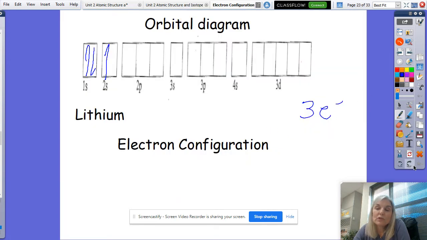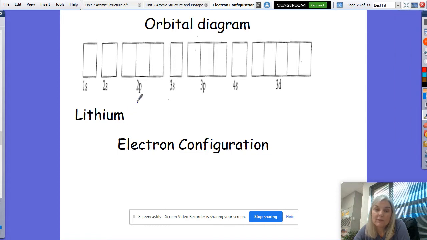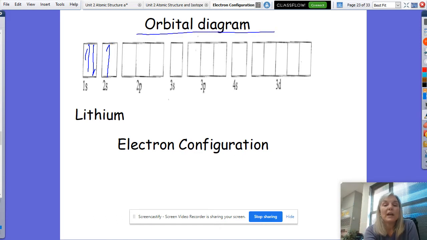Make sure you stop the video and write this example down. So again, for lithium, we should have an up arrow and a down arrow, and then just an up, because we only need a total of 3. If you count each arrow, they represent an electron. So to write it as an electron configuration, this is an orbital diagram.